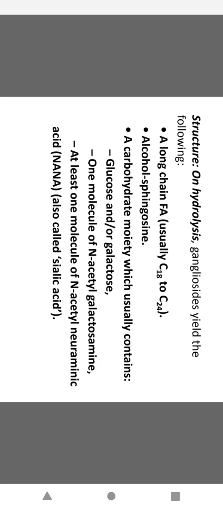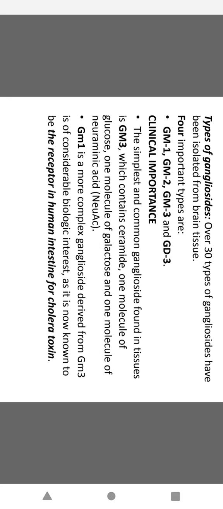Now the structure. It contains a long chain fatty acid, usually C18 to C24, then the alcohol sphingosine, and a carbohydrate moiety, usually glucose or galactose. Sometimes one molecule of N-acetyl galactosamine is present. At least one molecule of N-acetyl neuraminic acid, also called sialic acid, is present here.